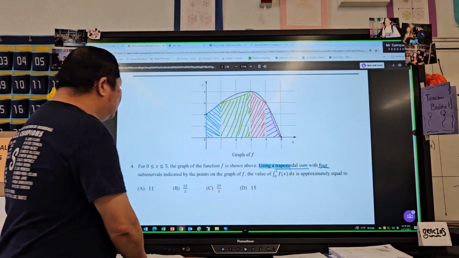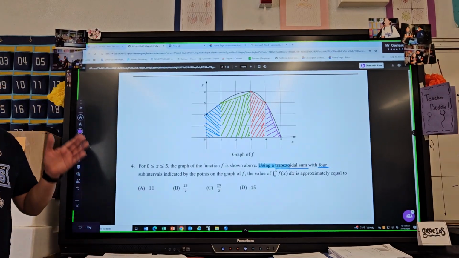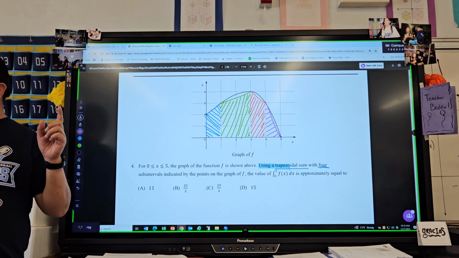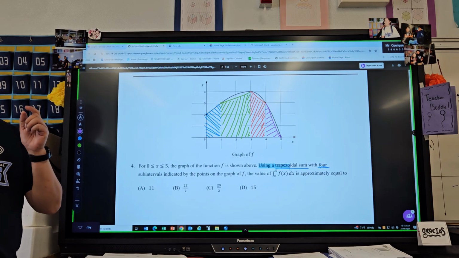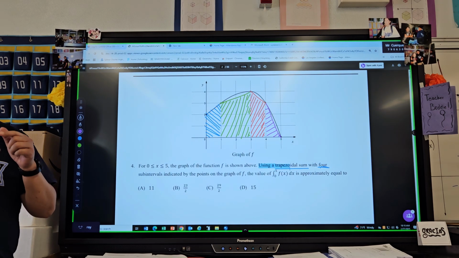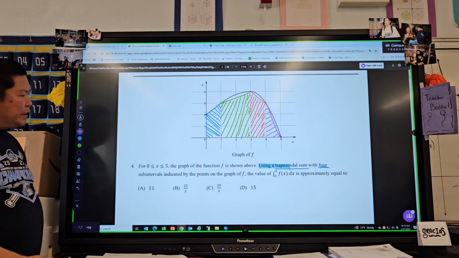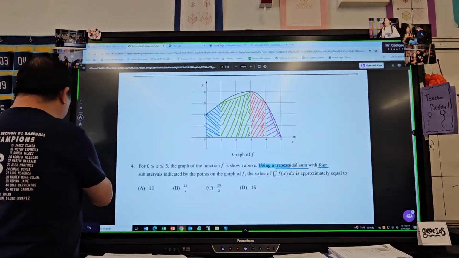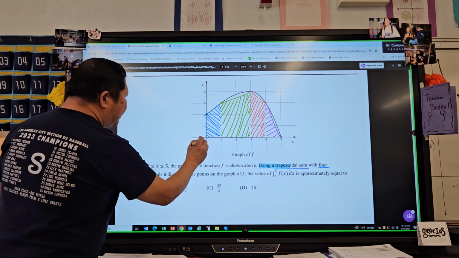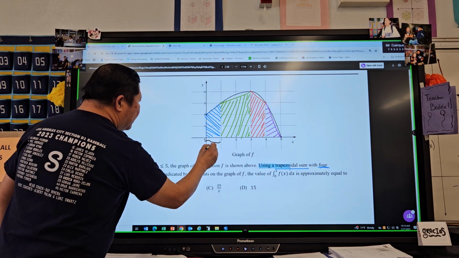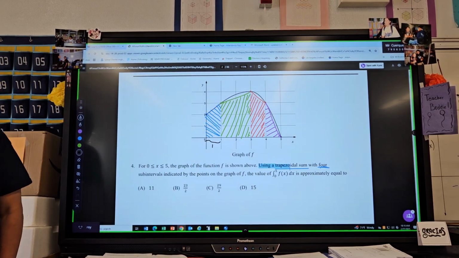So what to do now? What is the area of a trapezoid? Base 1 plus base 2 over 2 times the height. Where do you think is the height? What is the height in blue? The height is this one, which is 1, right?